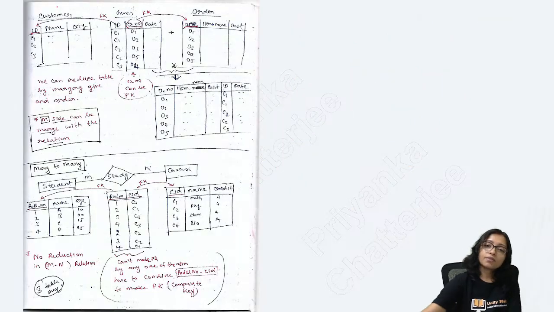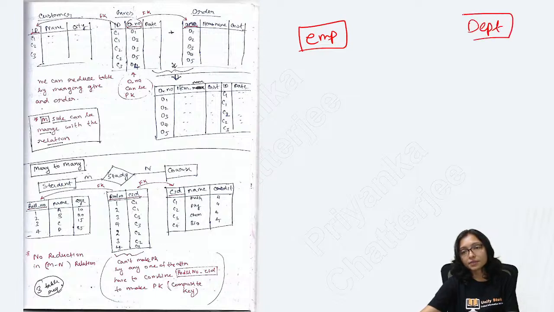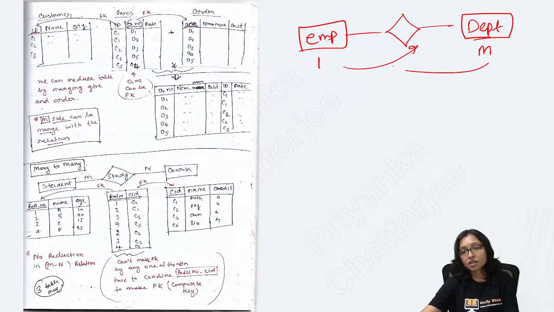But whenever you take this as the employee table and this as the department table, in the employee table the cardinality is 1 and in the department table the cardinality is M, meaning the relationship is many to 1.